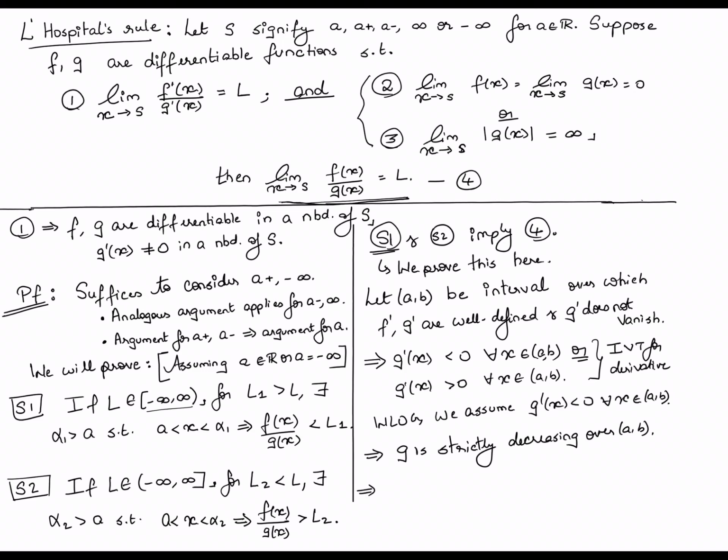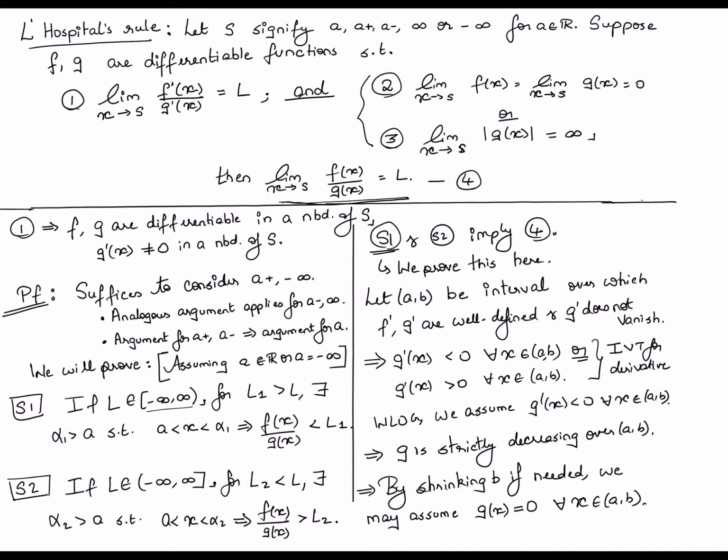So this implies that by shrinking b if needed, we may assume that g of x is not equal to 0 for all x in the interval (a, b).